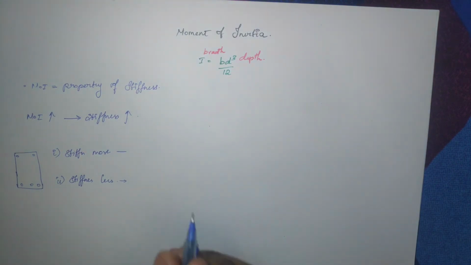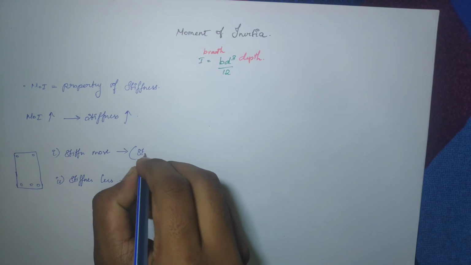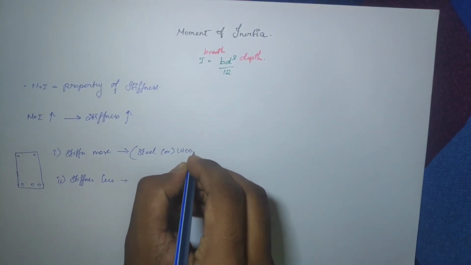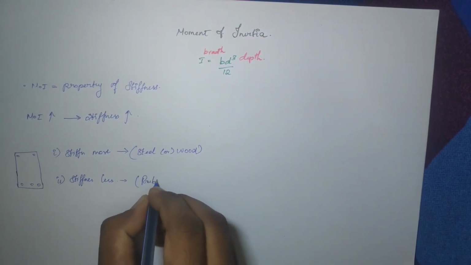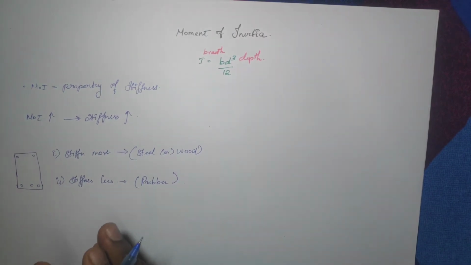It will stand rigidly. For this, let's take the example of steel or wood, and at the same time let the second be rubber. This tends to bend if we compress a rubber along its length. What will happen? It just bends.